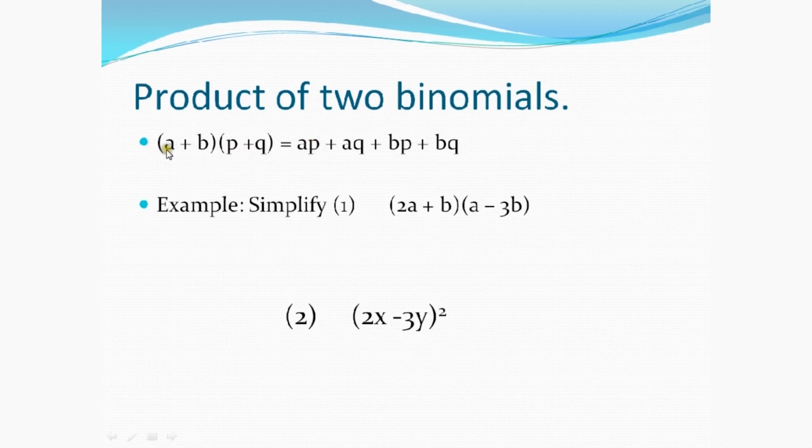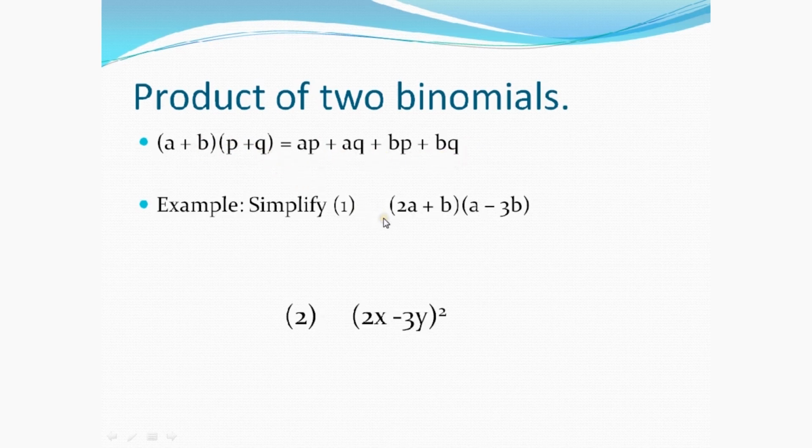We take the a, it multiplies q, and a times q gives us aq. So what we are doing is that we are taking a term in the first bracket to multiply all the terms in the second bracket in turn. After that, the second term in the first bracket also multiplies the two terms in the second bracket. And that's how we get this expression.